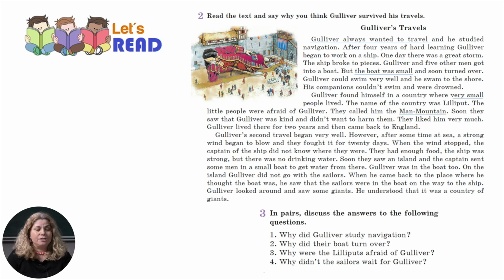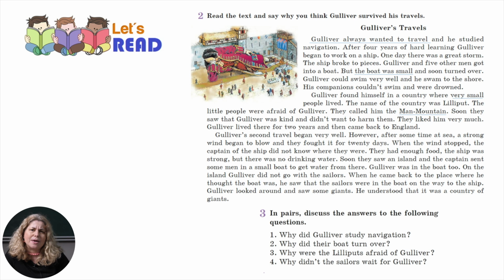Why didn't the sailors wait for Gulliver? Well, that cannot be found in the text. So I will just express my opinion here, and I hope you do too. I think they didn't like him. That's why they left him on that island.